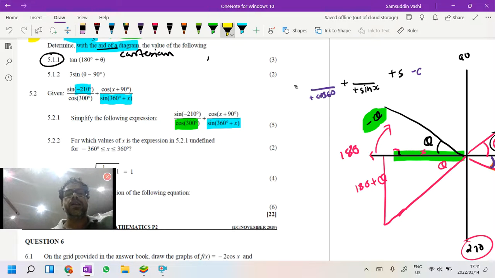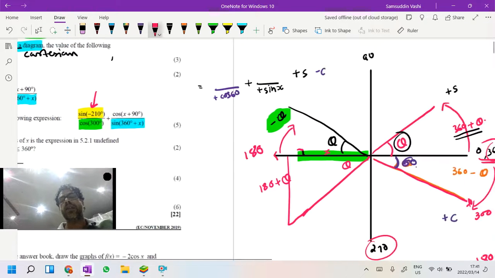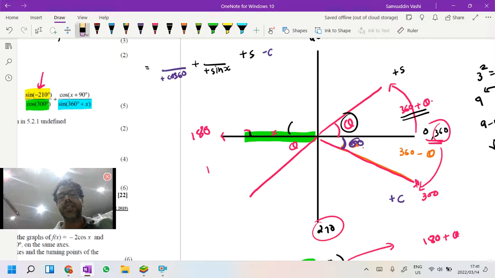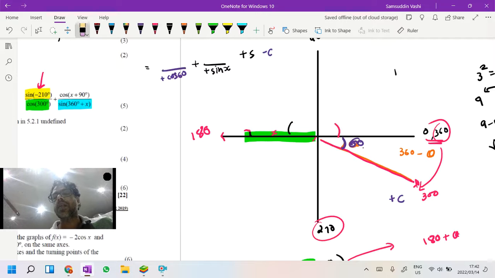Now we are here: sine of negative 210. First of all, I need to check where a negative angle is. If I concentrate again on this diagram, let me clear up the screen a little bit.